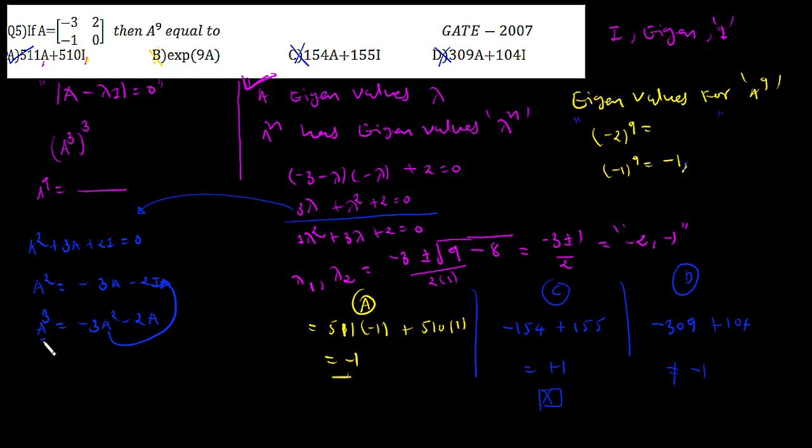So I have found A cube, and again I have to multiply further to get a higher power, and again reduce it with the help of this equation to make the power one, and you still get this same linear equation. But this second method is very easy for MCQ type questions, so I recommend this method for this kind of problem. Now let's move to the next question.